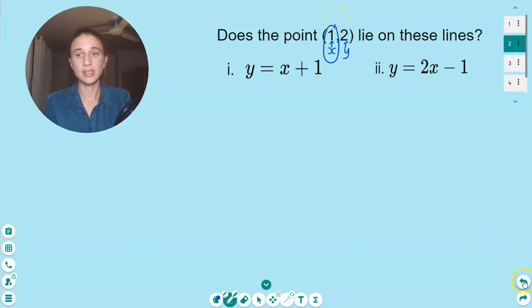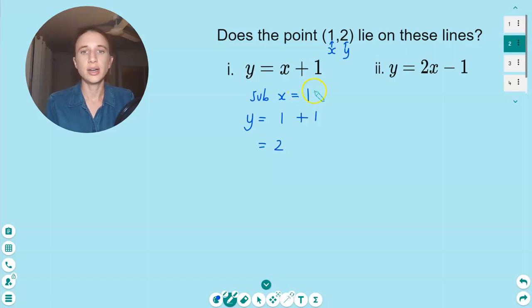Okay, might not make sense. Let's check it. So I'm going to substitute in X equals 1 into the equation above. So Y equals 1 plus 1, which equals 2.